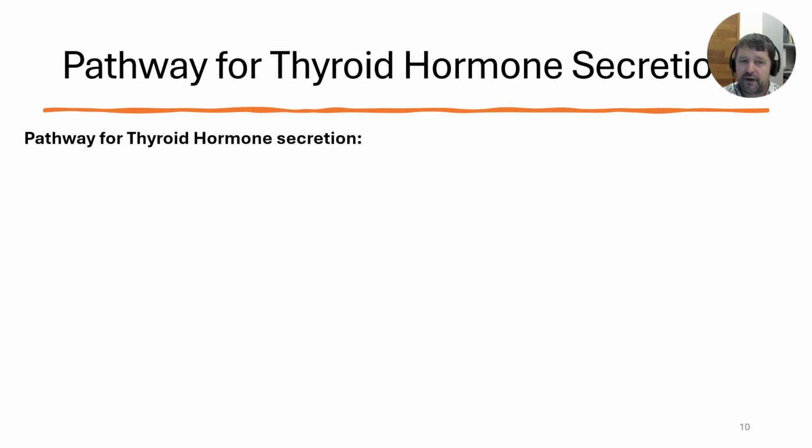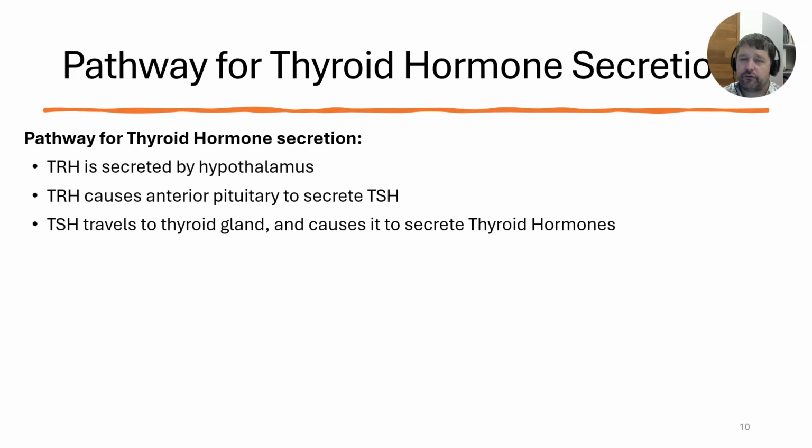So the pathway for the thyroid hormone. Let's say the hypothalamus is stimulated, the pituitary has stimulated the thyroid. Now that pathway would look something like this. The hormone released from the hypothalamus is the thyroid releasing hormone, or TRH.